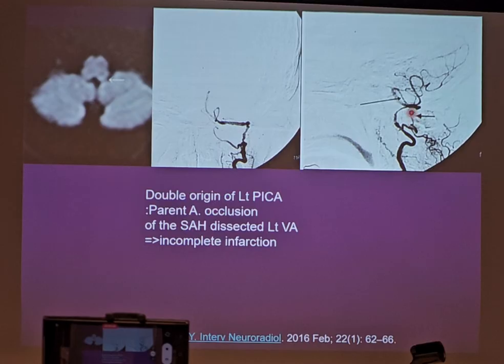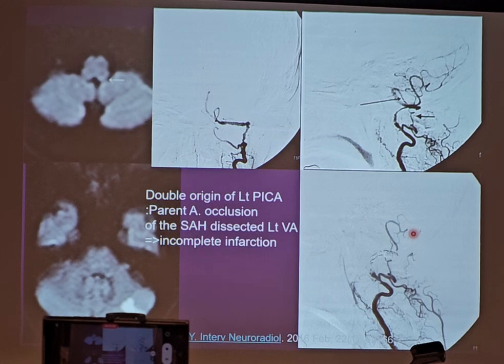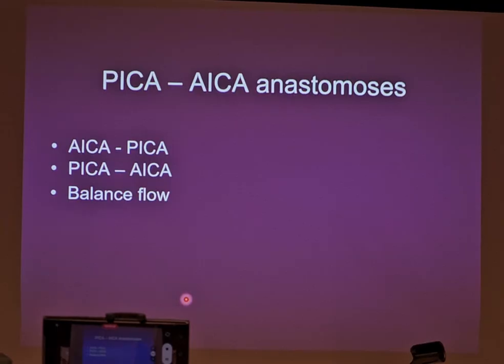And if you need to treat by sacrifice in this disease, you may see that if you sacrifice above, you still have the lower PICA origin supplying some of the PICA territory, so the infarction will not be of the entire system, but only some segmental part, which is better than not having the two origins.